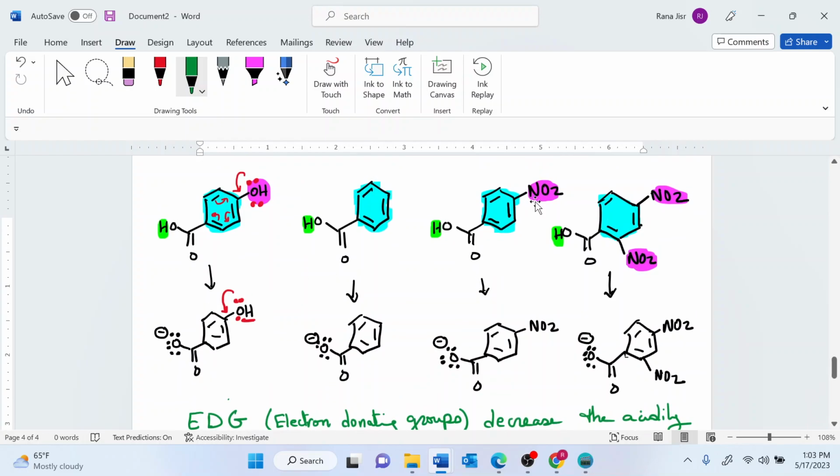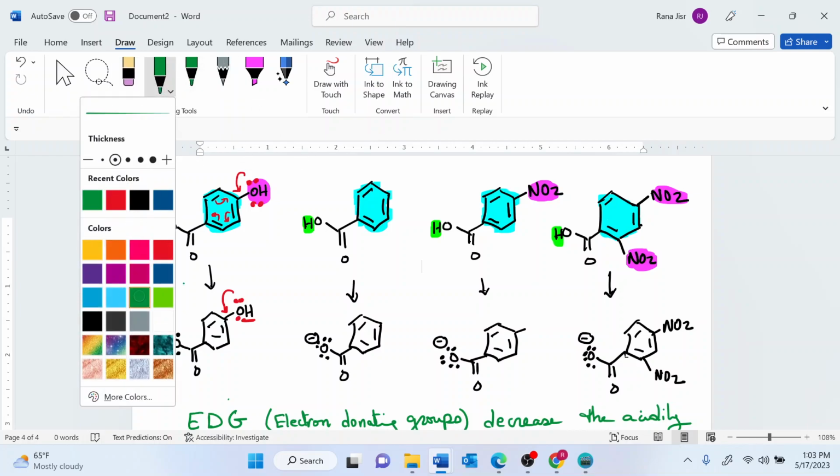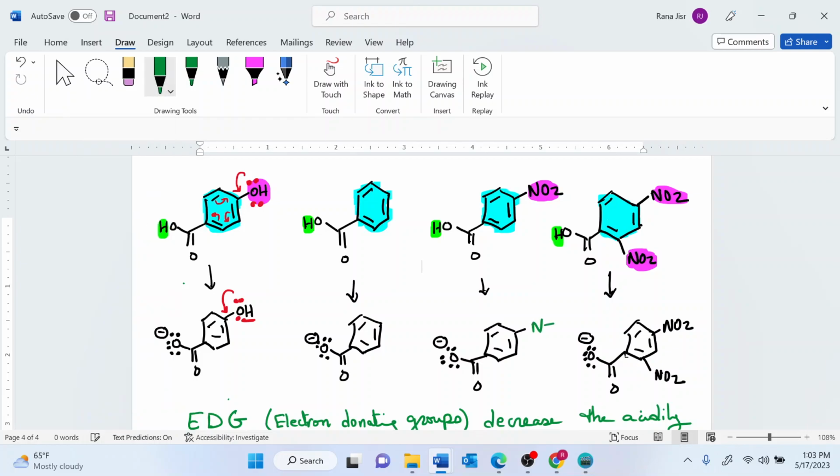On the other hand, if you have an electron withdrawing group. Now, what is an electron withdrawing group? To look at it, you have to draw the Lewis structure of NO2. And the Lewis structure for NO2 is a nitrogen with a double bond O and an oxygen in there. Now notice NO2 has a zero charge, so this is why I have a negative charge here and a positive charge there.